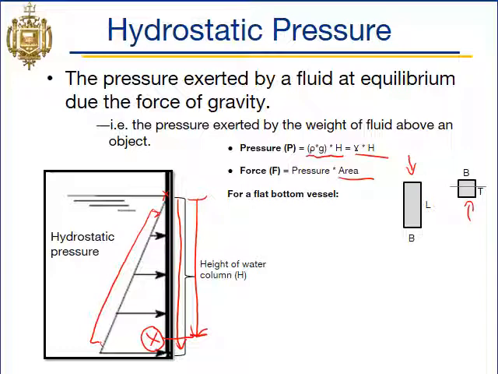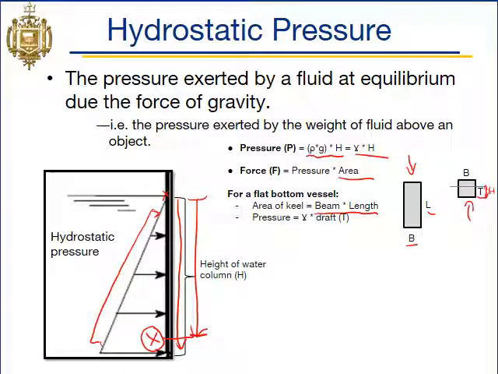The area we're going to use is the area of the keel. The area of the keel is just beam times length. So if we're looking up at the bottom of the ship, the area of the bottom of the ship is beam times length. We know that pressure is gamma times H, and in the case of our ship, H is the draft, so T is equal to H for our pressure equation.